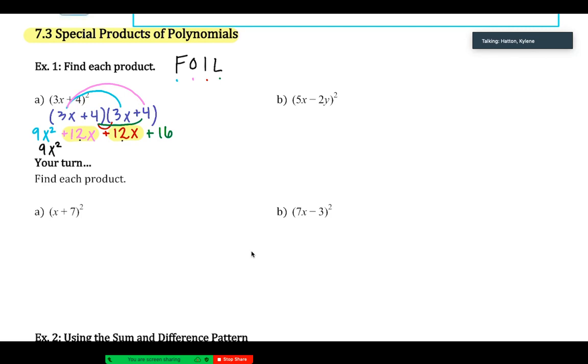So 12 plus 12 is 24. When we combine like terms, the variable and the exponent don't change. So 12x plus 12x just becomes 24x, and then I'll bring down my plus 16. So altogether, 9x squared plus 24x plus 16.